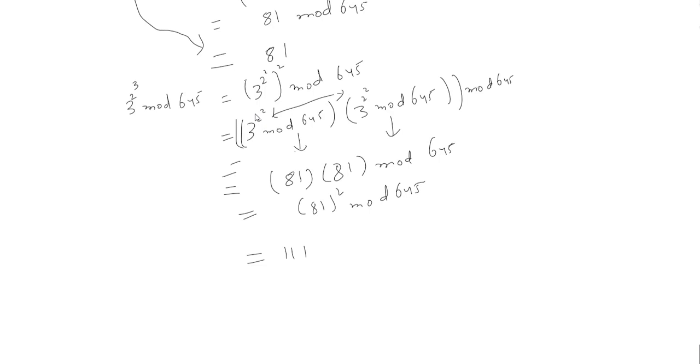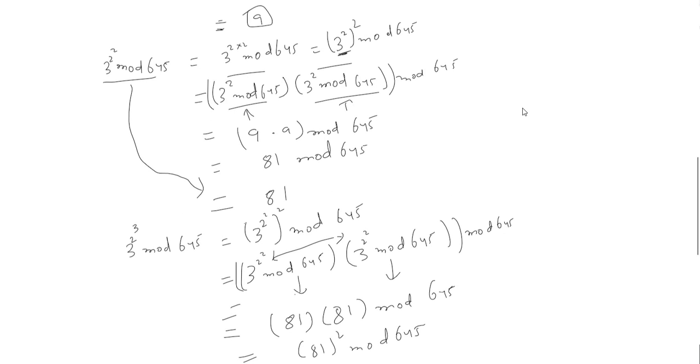like how is 3 raised power 2 raised power 3 equal to the square of this? Now we know the bases are same, powers are added. If you take 3 raised power 2 with the power of 3, this is equal to 3 raised power 8.